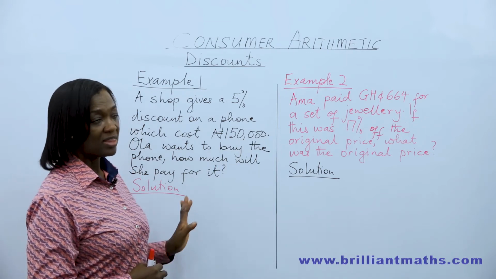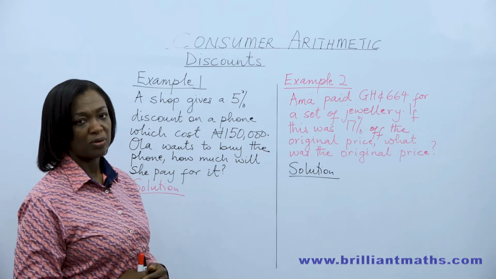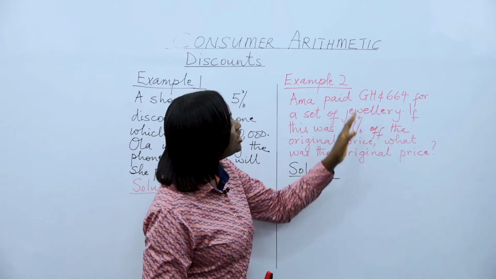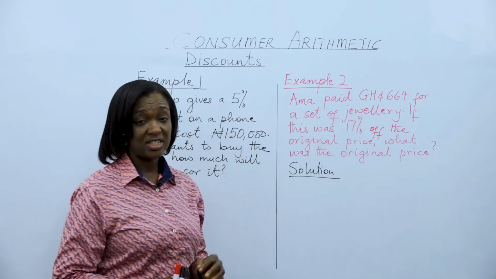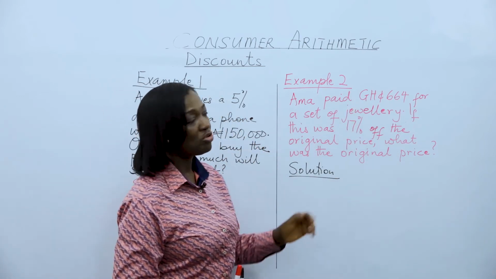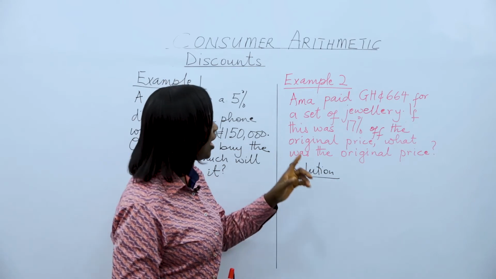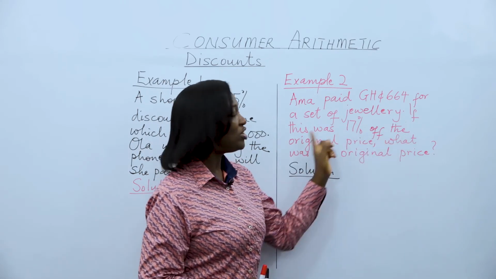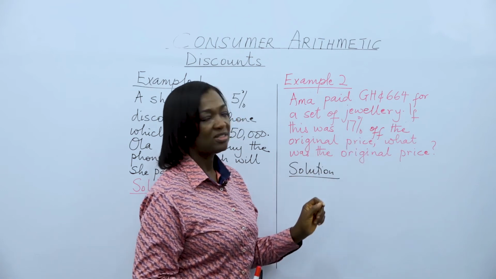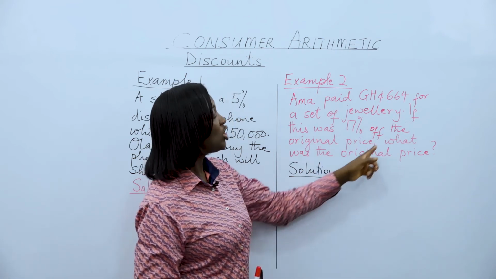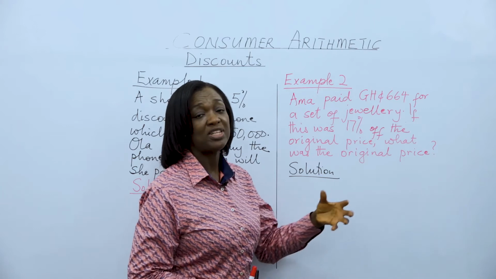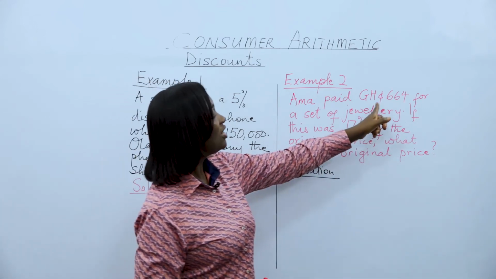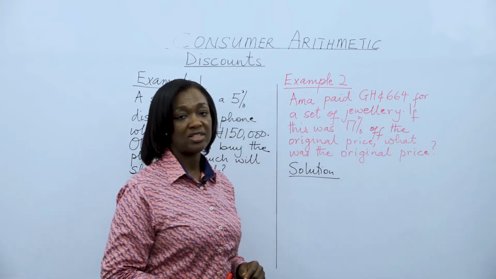That is quite different from example 2. Example 2 says, Amma paid 664 Ghana cedis for a set of jewelry. If this was 17% off the original price, that means 17% has been taken off the original price, and then she paid 664 Ghana cedis.